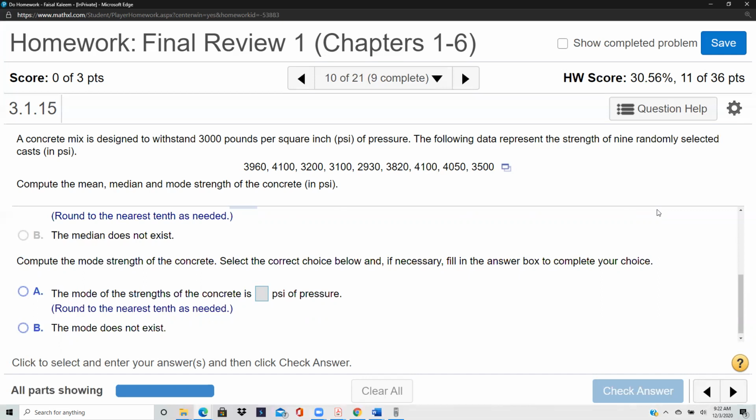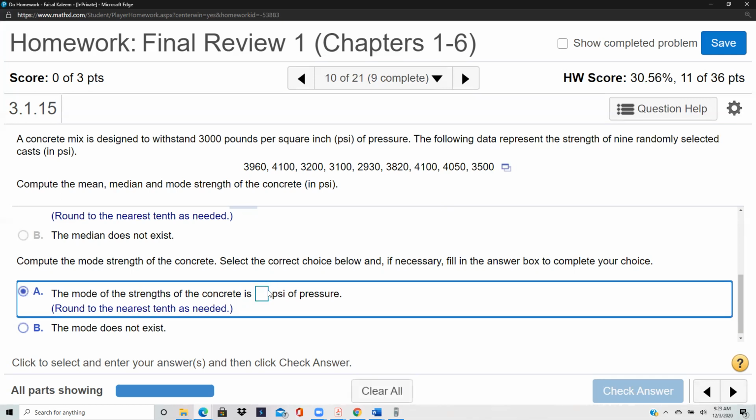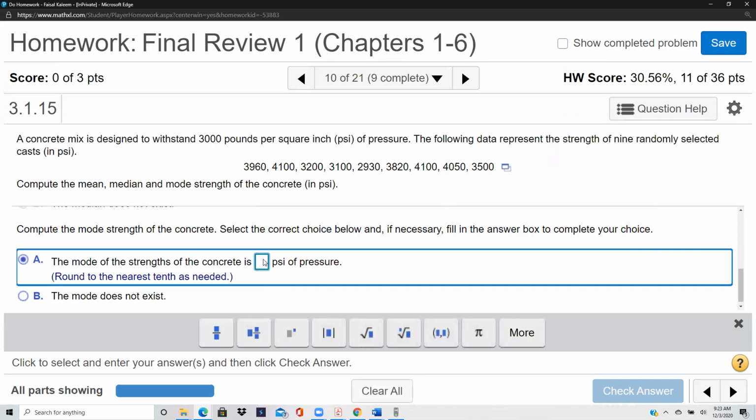Yeah. Let's see. 4100 is looking like the only one that repeats. Yeah. So mine had one. I was thinking yours just didn't have one.